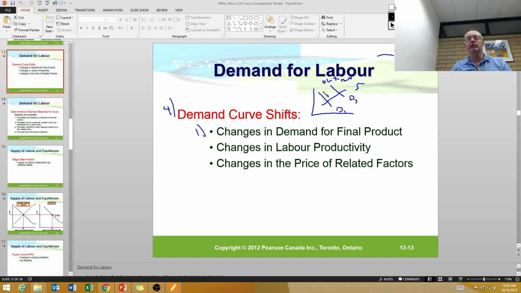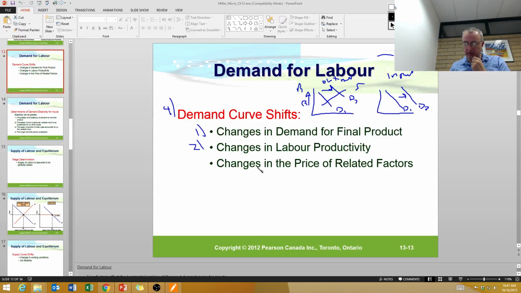So if output demand increases, then our output price is going to increase to P2, and that's going to cause a shift in the input market demand curve in the same direction, D1 to D2. So the demand curve for inputs shifts in the same direction as shifts in the demand for outputs. That's rule number 1.